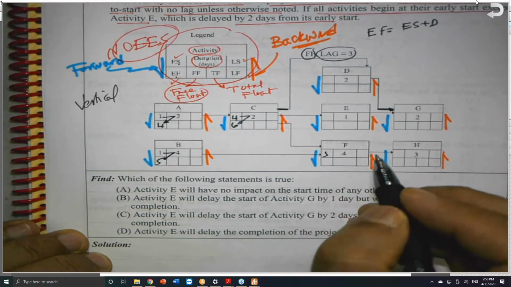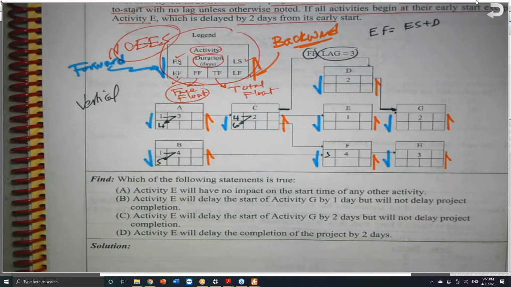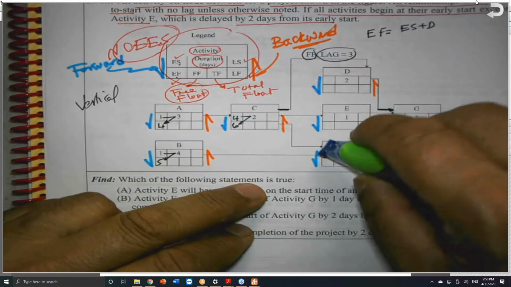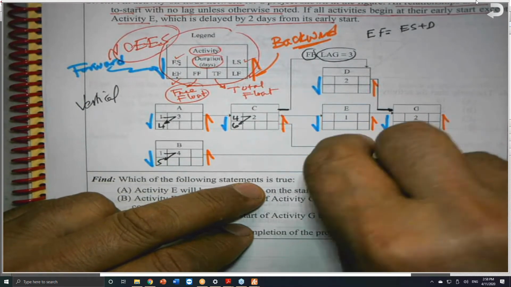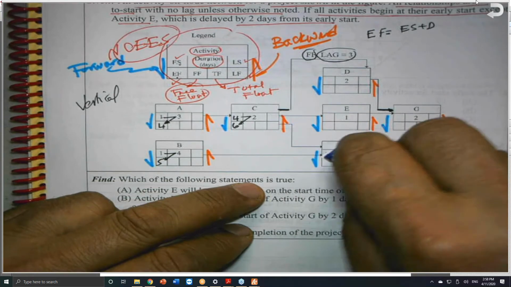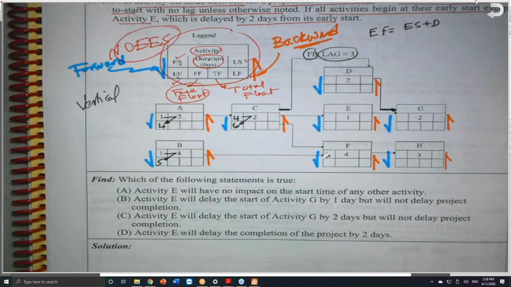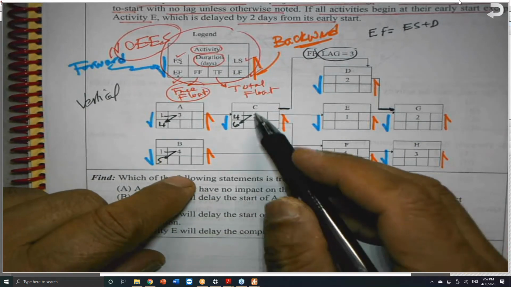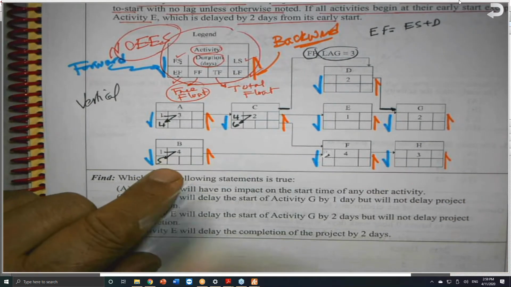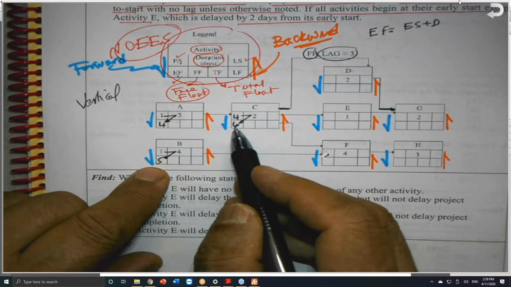Here I am going to move 5. Sorry, hold it. There is another arrow coming from the other one. Here it is, Mr. Mansour. Here, this activity F is controlled by C and B. I have 5 and I have 6.